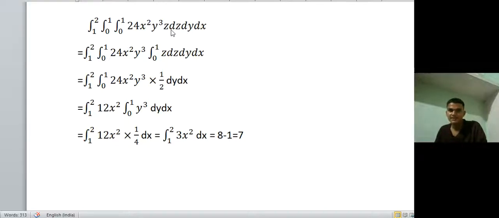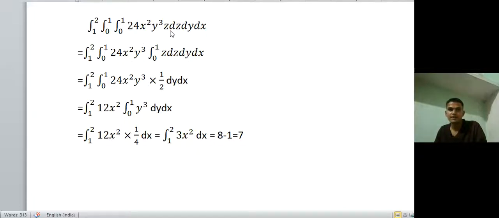So we'll start with integration with respect to z. So this is z dz, and the integration will be z square by 2. The limits are 1 and 0. So 1 square by 2 minus 0 square by 2, this is 1 by 2. So this is 1 by 2, dy dx, and this is 24.